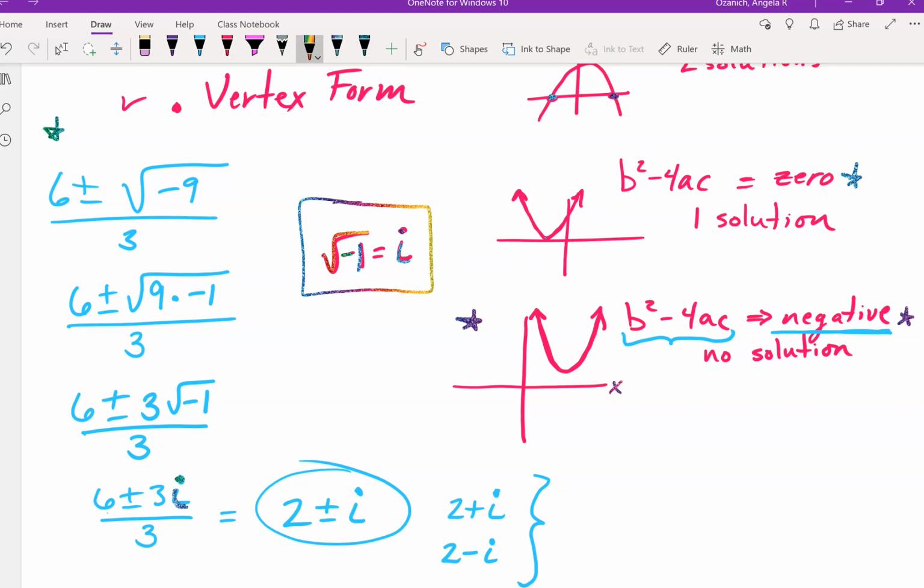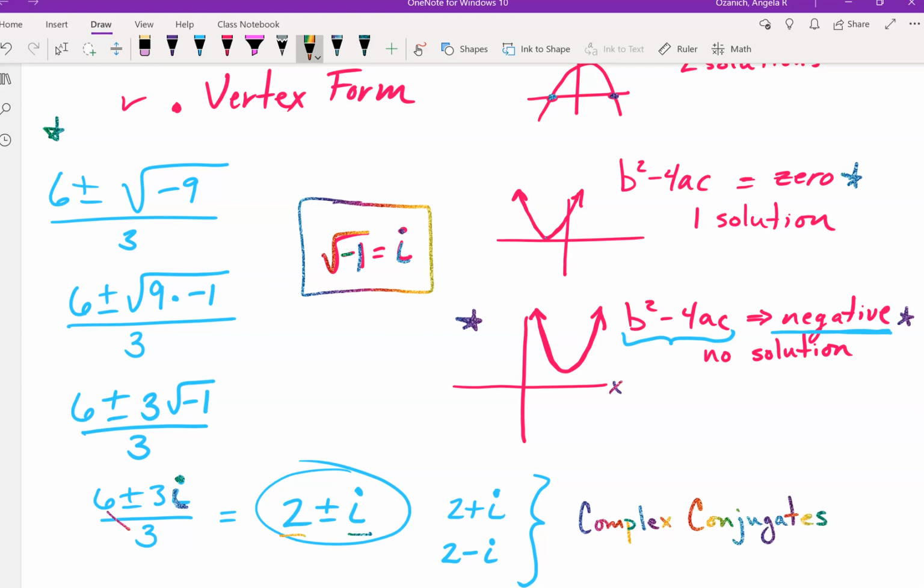And then as you can see here, we divided 6 divided by 3 was 2, and 3 divided by 3 is just 1i, and of course we have plus and minus, so this is 2 plus i and 2 minus i, and these are called complex conjugate pairs, or complex conjugates.